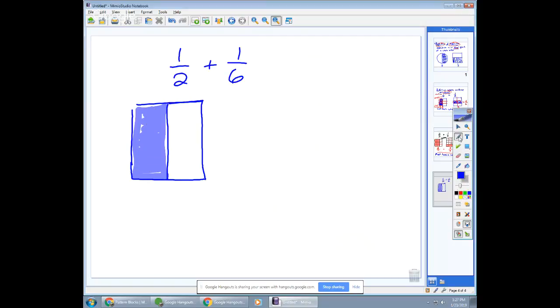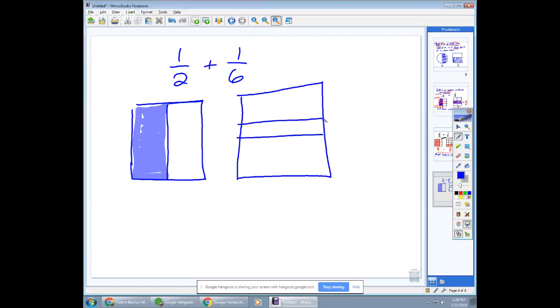Draw your 6 going the other way, roughly the same size whole. So in 6, you cut it in half, and then cut each half in thirds. I believe they're all the same size.